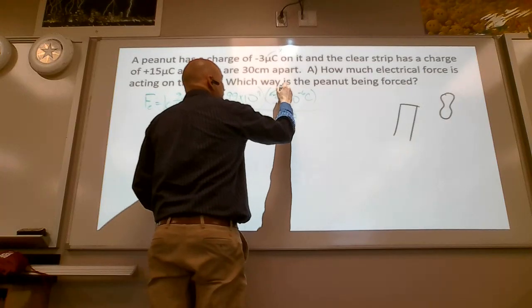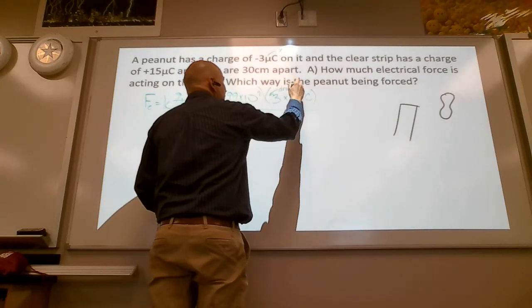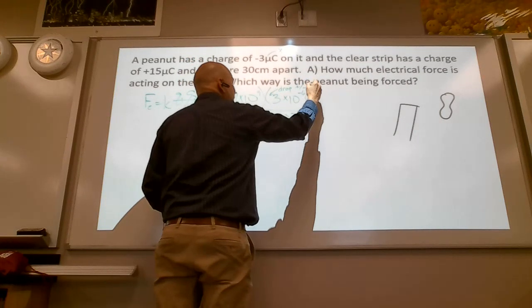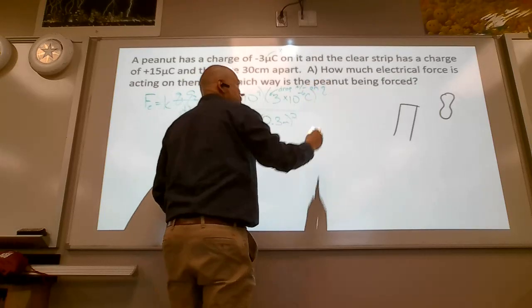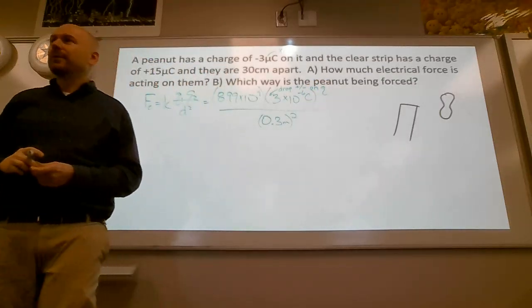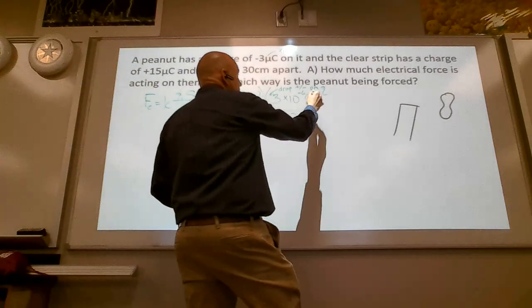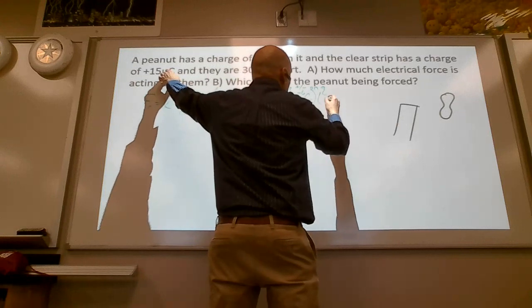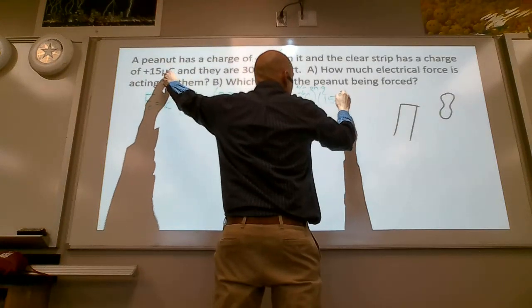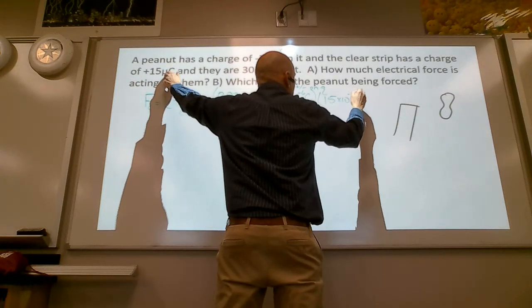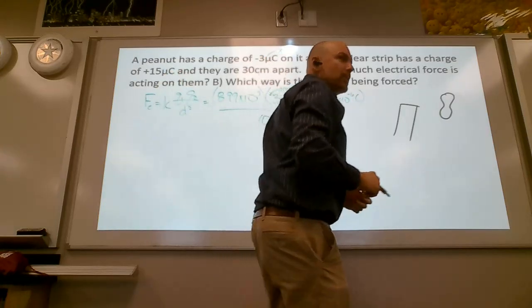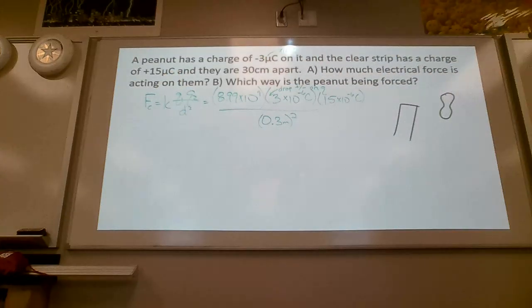So I drop the positive and negative sign on the charge when doing the math. Okay, it's just 3 times 10 to the negative 6. And then here, Q2 is 15 times 10 to the negative 6. Which one's Q1 and Q2 does not matter, just so long as you have both of them in there.